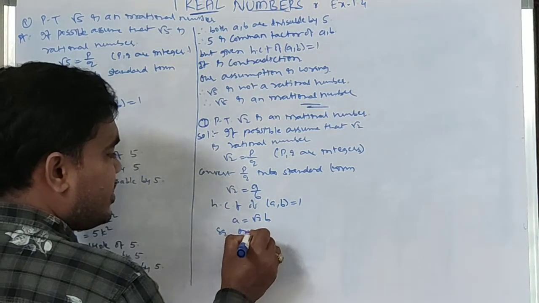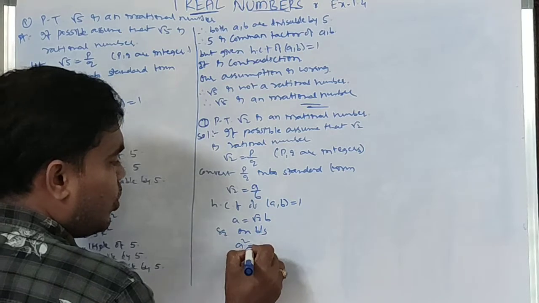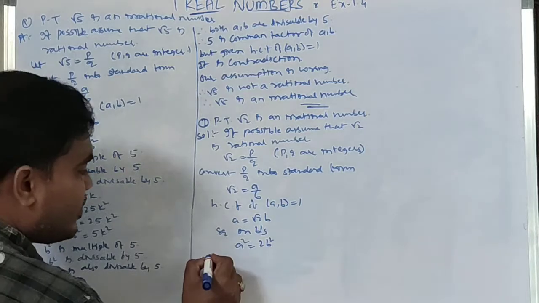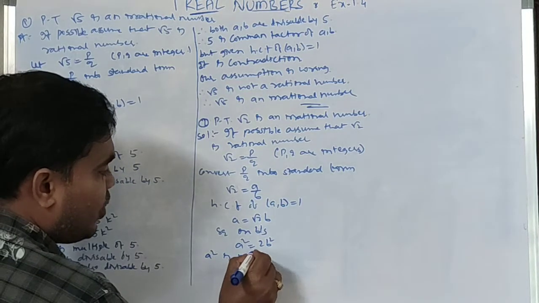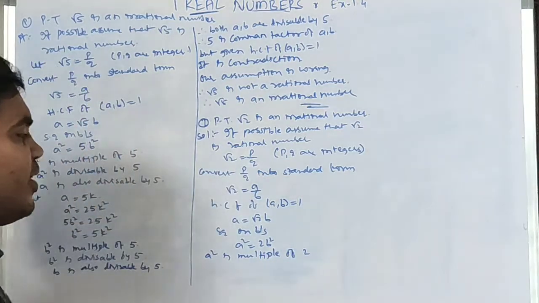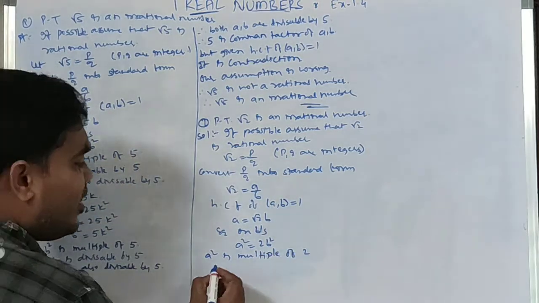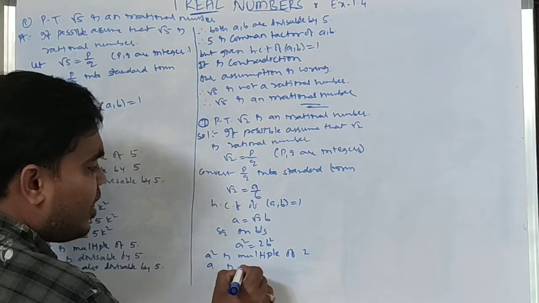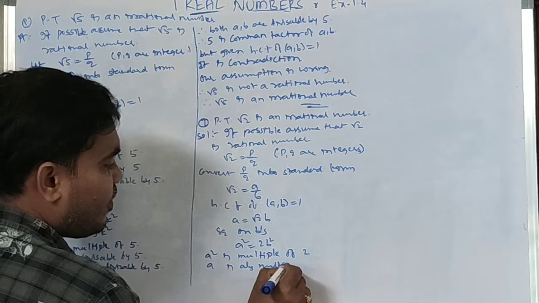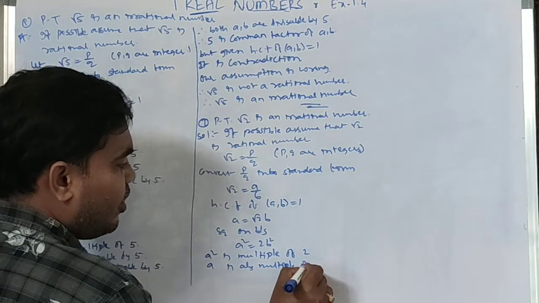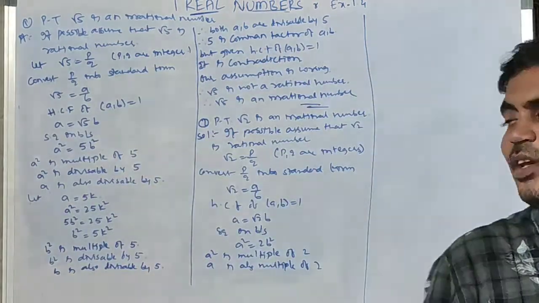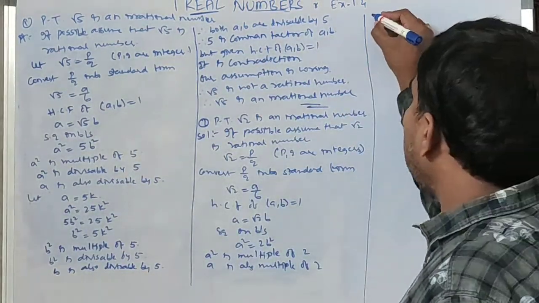Squaring on both sides, a square equal to 2 b square. So a square is a multiple of 2. So if a square is a multiple of 2, a is also a multiple of 2. If a is a multiple of 2, a is divisible by 2.